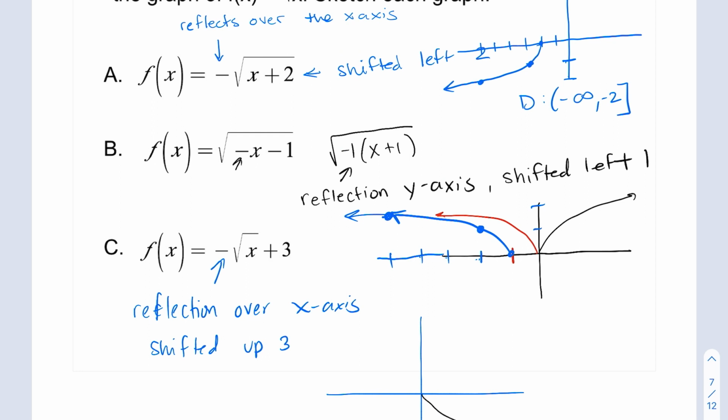So you're going to take your regular parent function and flip it over the x-axis, so the point that was 1, 1 will become 1, negative 1. Then you'll shift it up 3. So 0, 0 will become 0, 3. And the next point will be over 1, up 2, and you can get your function that way.